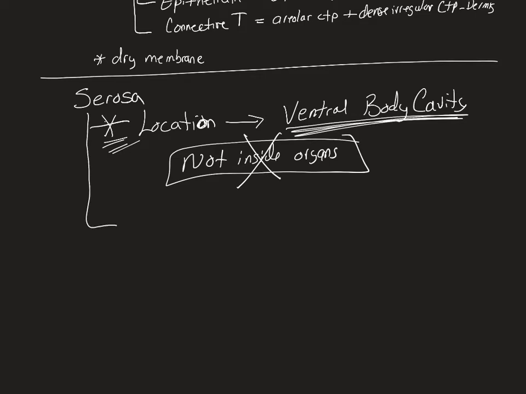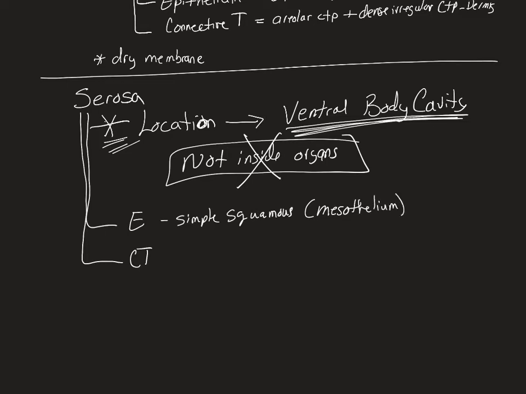All right, so I'm going to abbreviate epithelium as E, and I'm going to abbreviate connective tissue as CT. Okay, the epithelium is going to be simple squamous. And it's A and P, so we can use more than one name for stuff. It can also be called mesothelium. Okay?